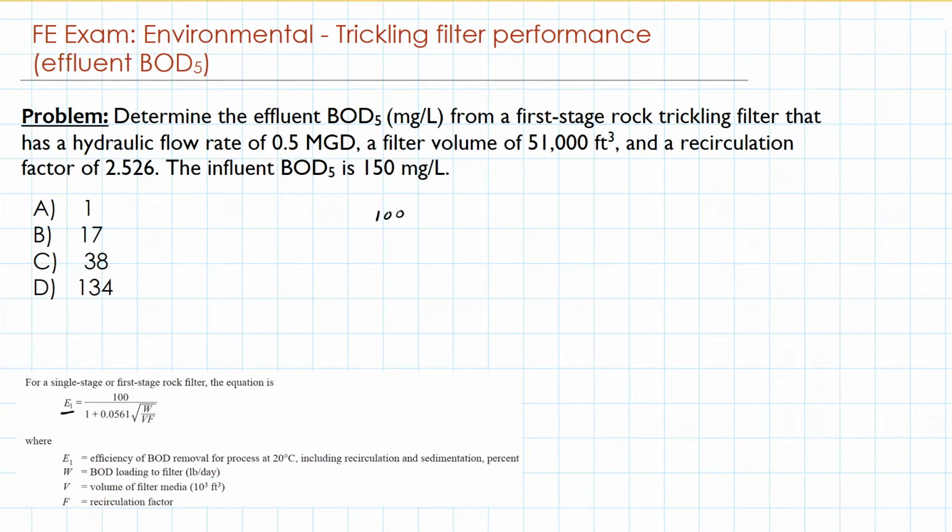100 divided by 1 plus 0.561 times the square root of W, where W is the BOD loading to the filter in the units of pound per day.